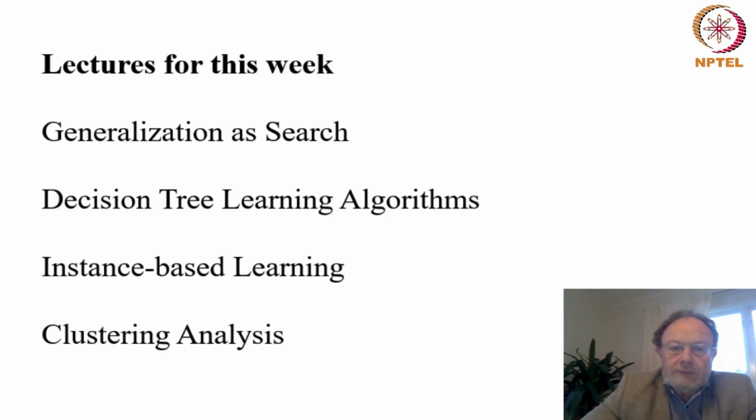Secondly, we will look at learning algorithms for decision trees further. Decision trees was introduced last week as a formalism. Now we will look into some algorithms in that area. After that, we will turn to instance-based learning.